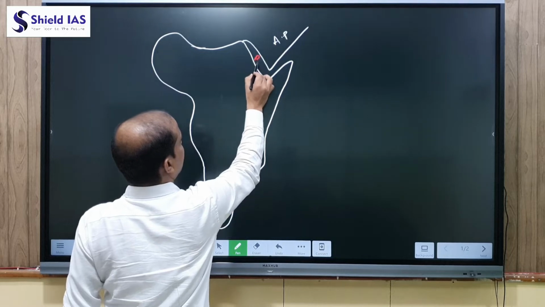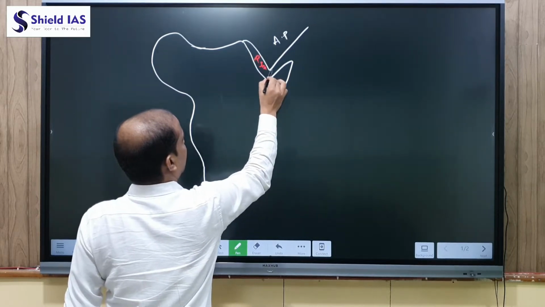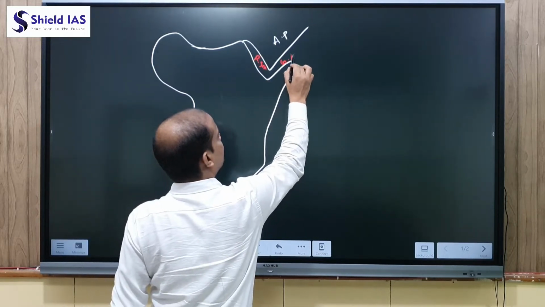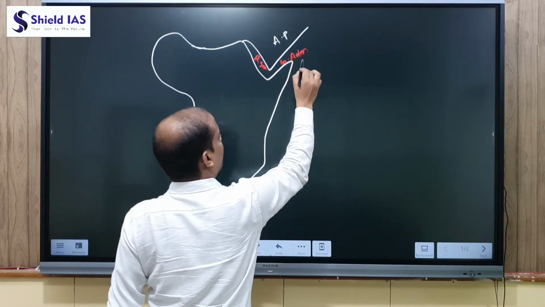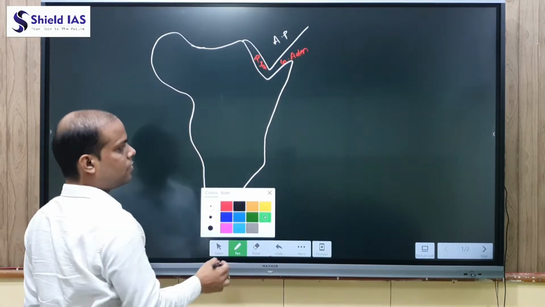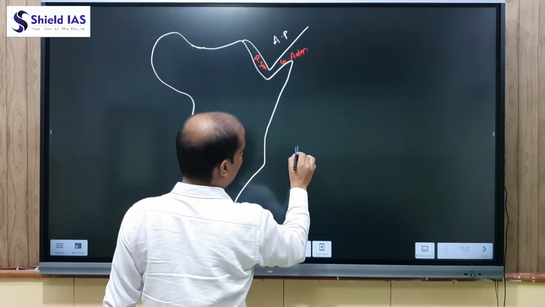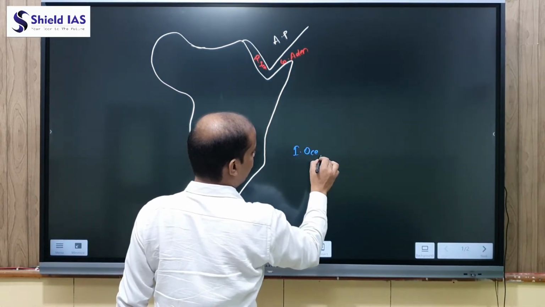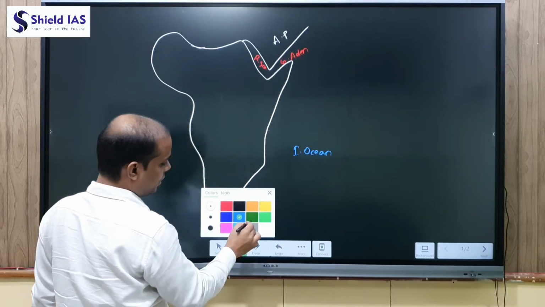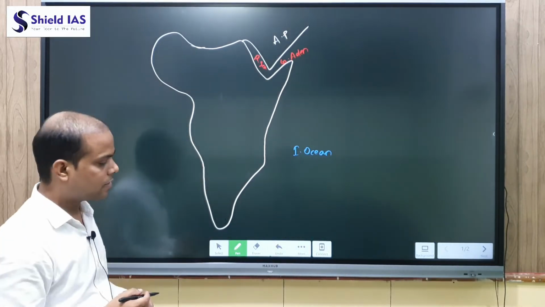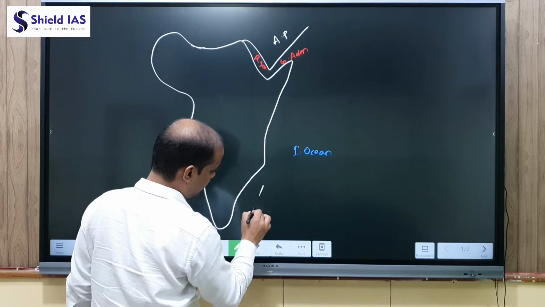Here we have the Red Sea. Here is the Gulf of Aden, and east of the Africa continent we have the Indian Ocean, and here we have a small island of Africa, that is Madagascar.